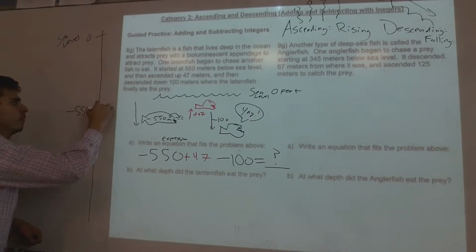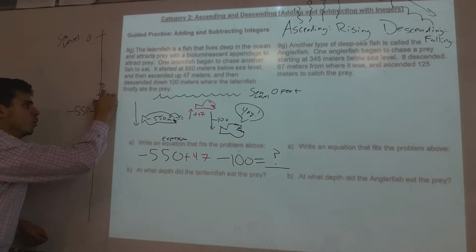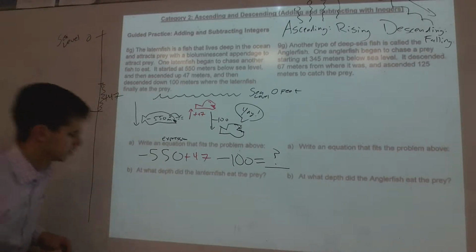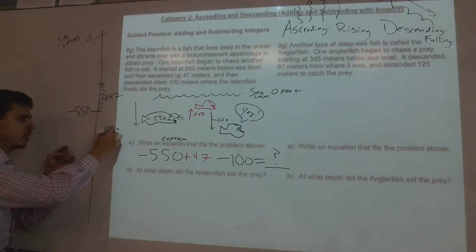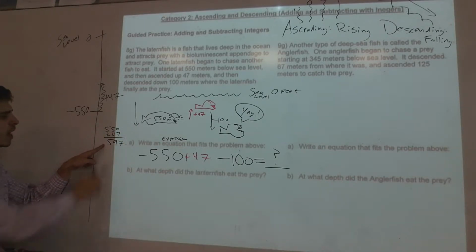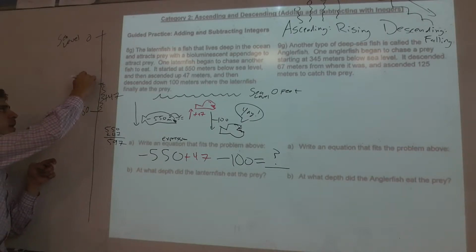We go up first 47 spaces. Now the way I do this is, I know that this number has got to be greater, but this number here is going to be more negative. So if I did 550 plus 47, which gives me 597, I know it can't be negative 597 because that is down here.